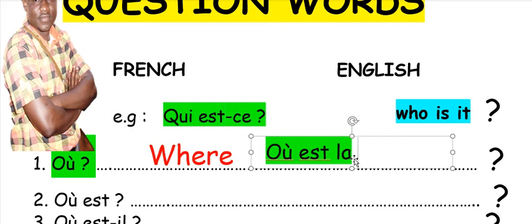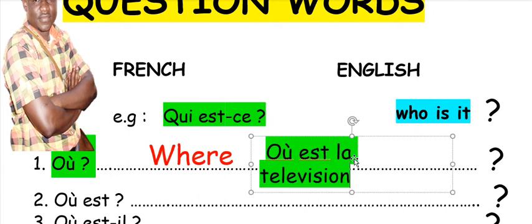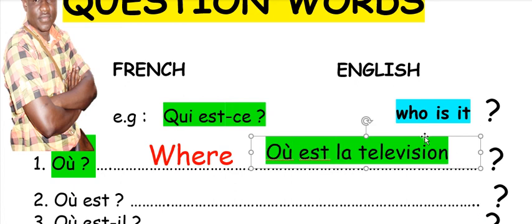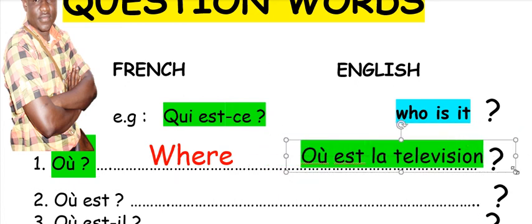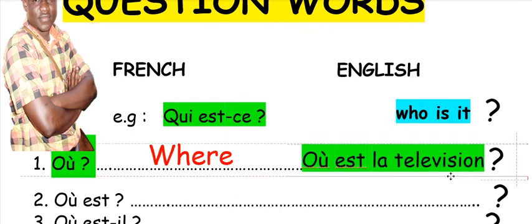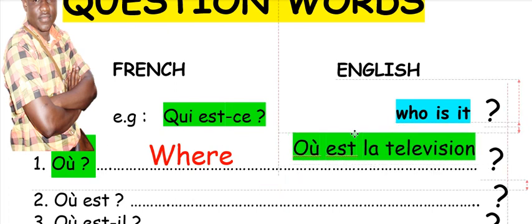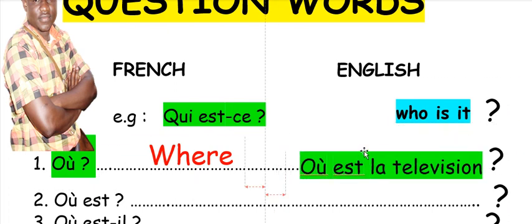"Où est la télévision?" Don't forget to put the question mark at the end, but there is a question mark already. "Où est la télévision?" So "où" stands for "where," and you can translate this into "where is the television" or "where is the TV," for short.